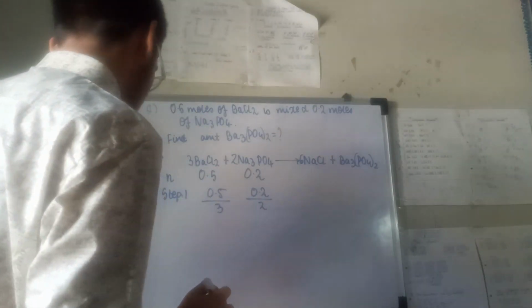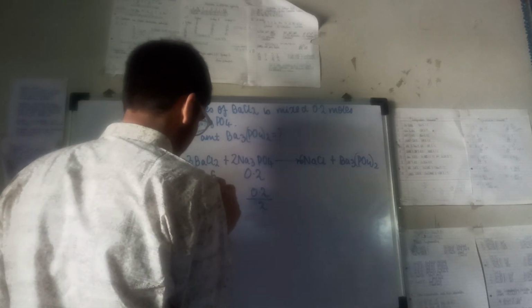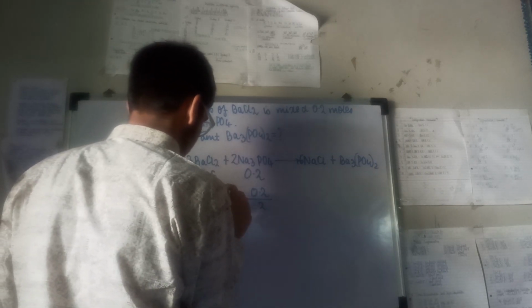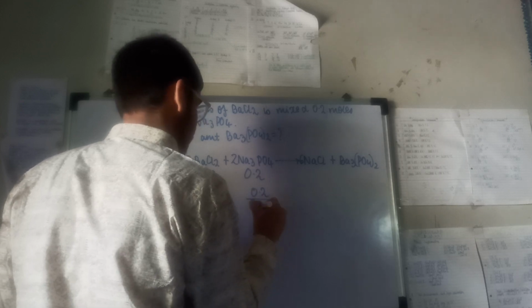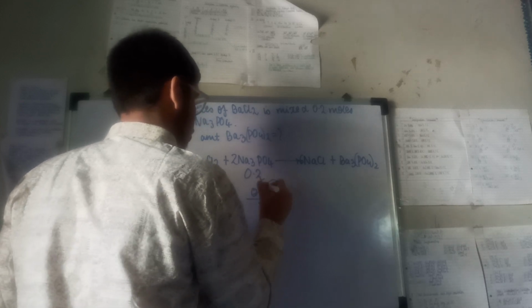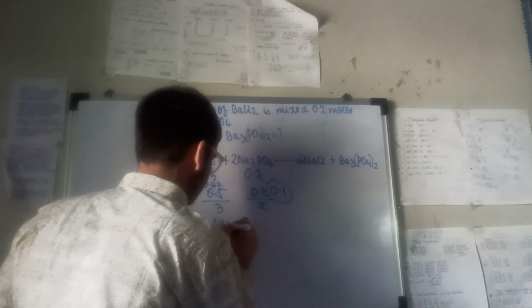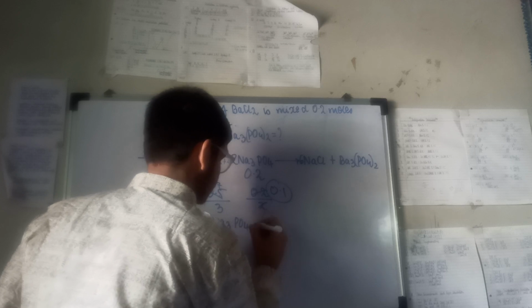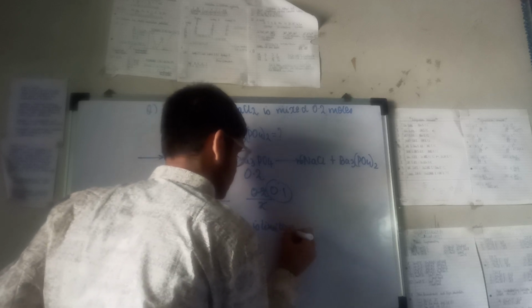So 0.5 by 3 will come 0.167 and this will come 0.1. So this is less. So I can write Na3PO4 is the limiting reagent.